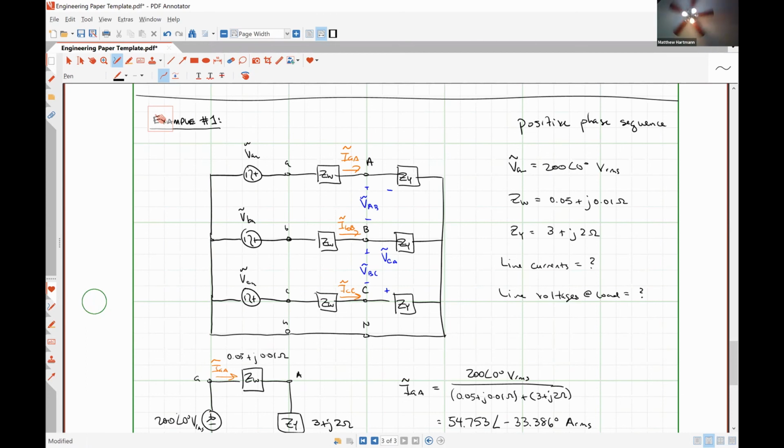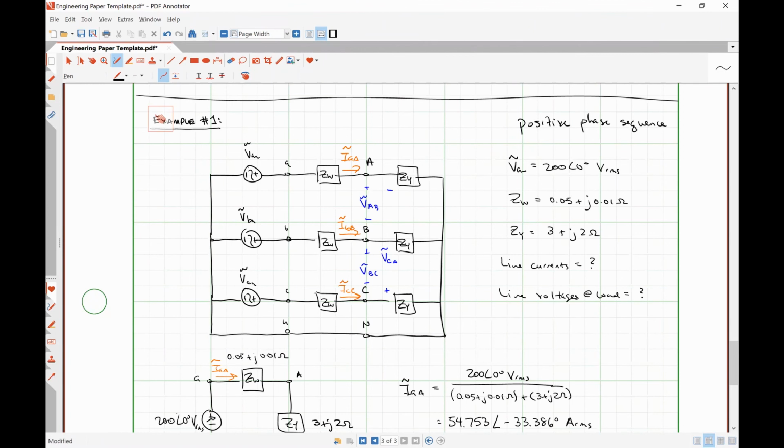But all of my solutions guides and all that kind of stuff use a positive phase sequence. But I also think that all of my problem statements explicitly say using either a positive phase sequence or an ABC phase sequence, which I think I described to be a positive phase sequence yesterday. But that is a very good question.